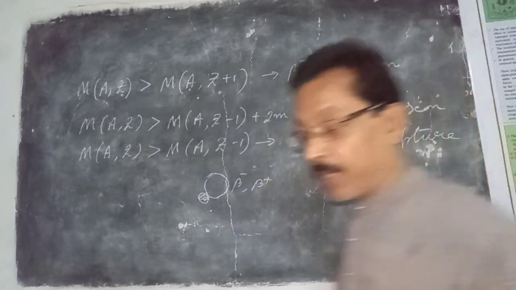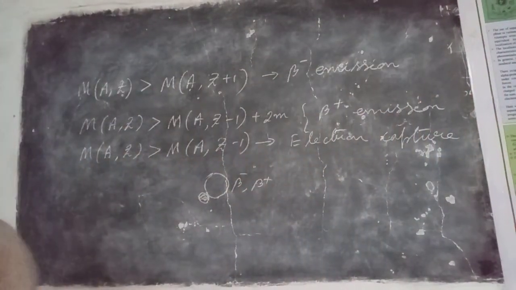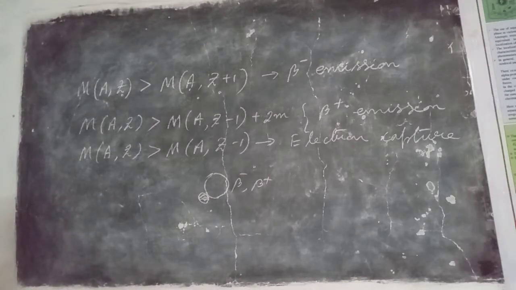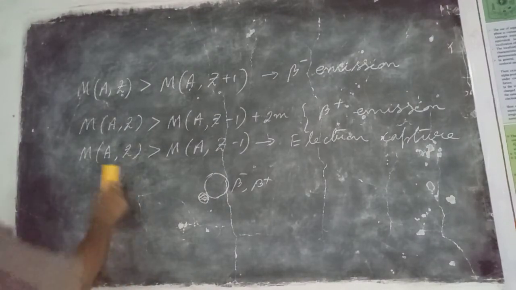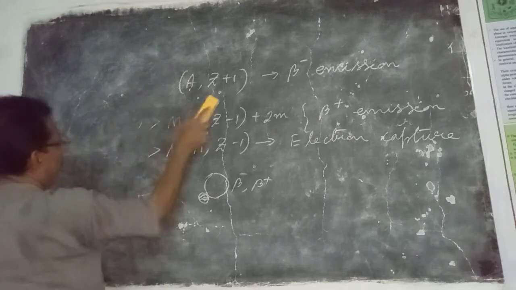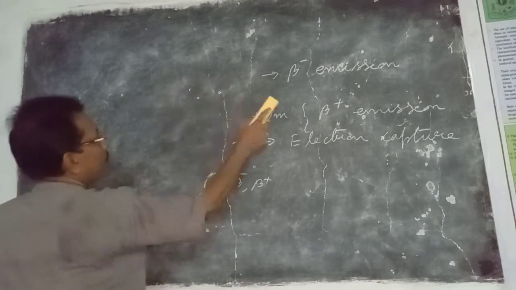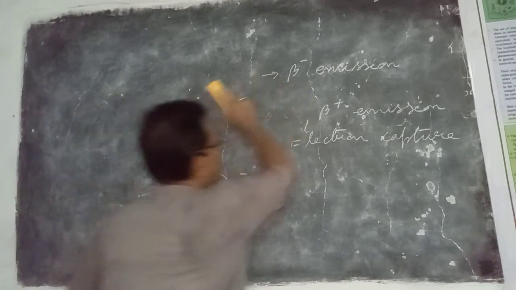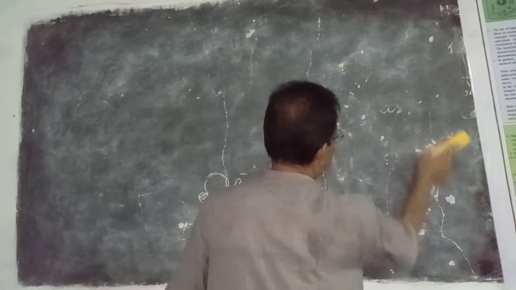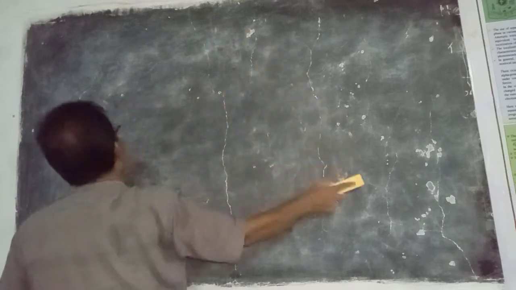So they don't exist within the nucleus. They cannot exist because, if one estimates by the uncertainty principle, one can prove that the electron cannot exist within the nucleus because its dimension is much larger than the nuclear dimension.